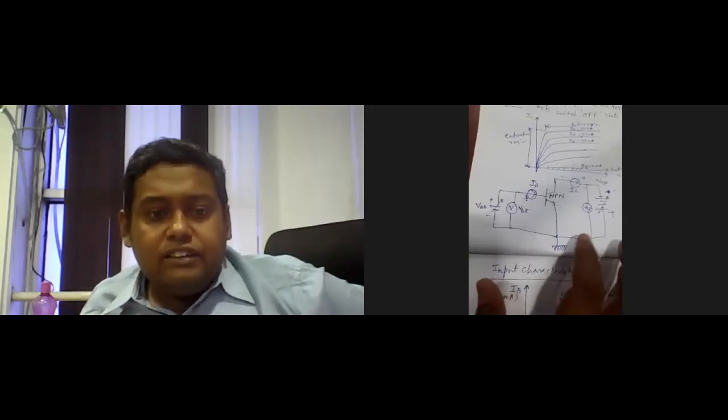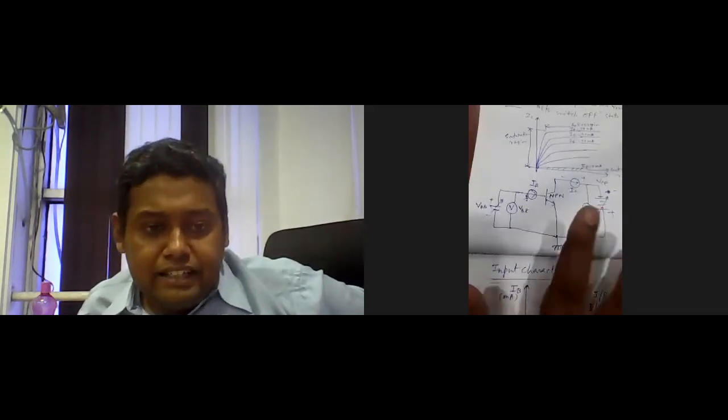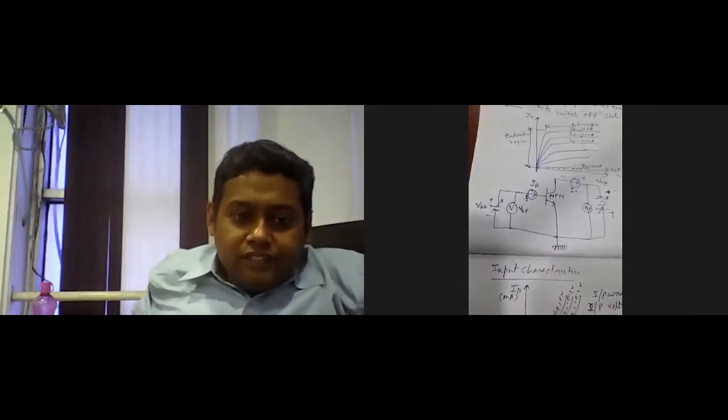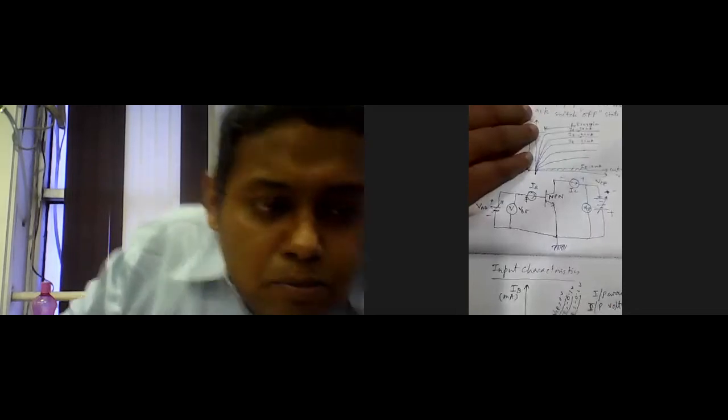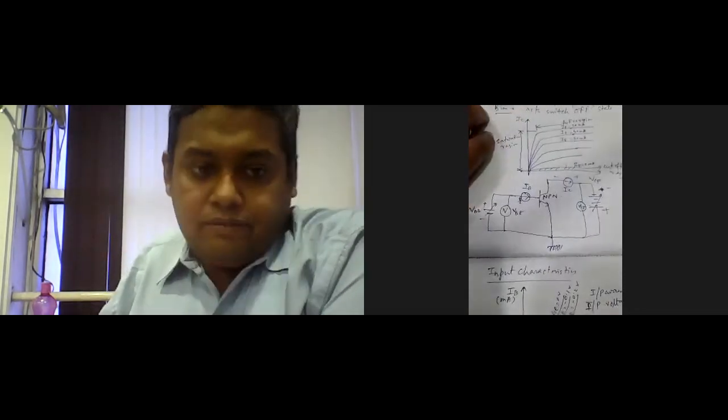In our laboratory there may be a trainer kit, or on a breadboard we can design this type of circuit to find the values of the characteristics. We will perform this experiment in our laboratory classes, which is also in our syllabus.